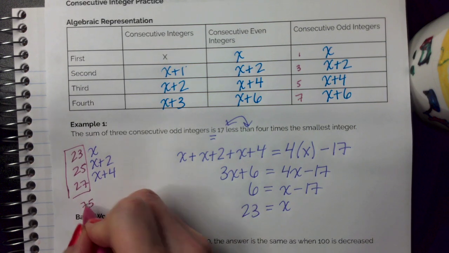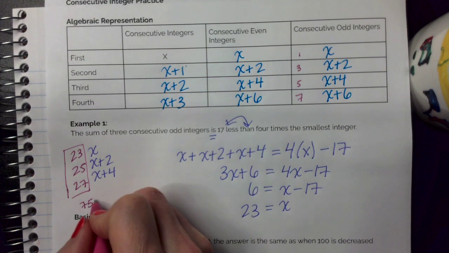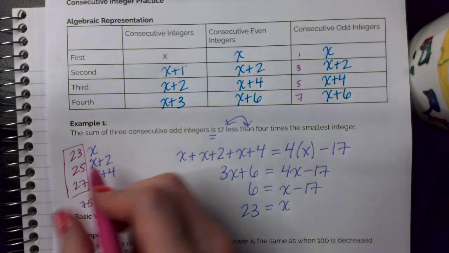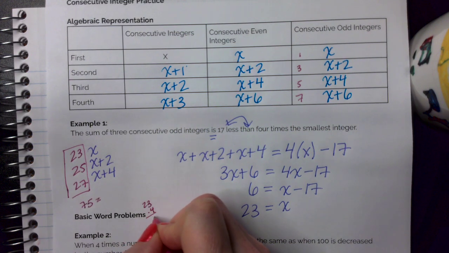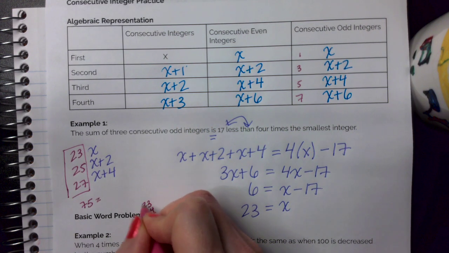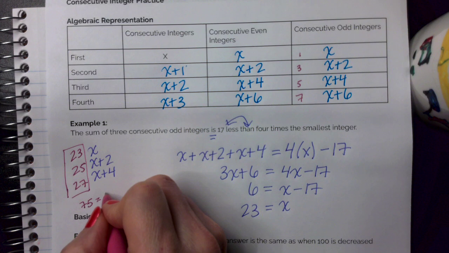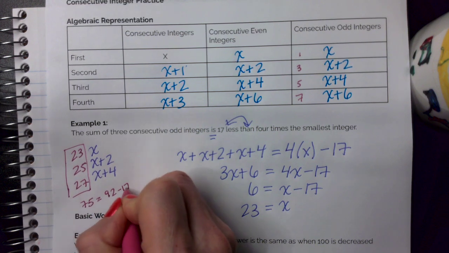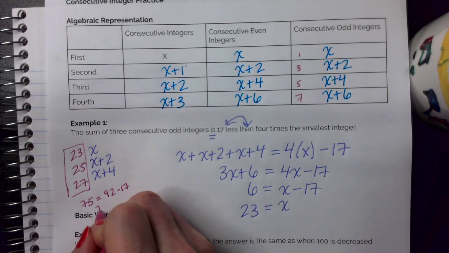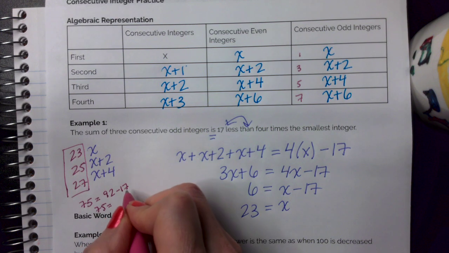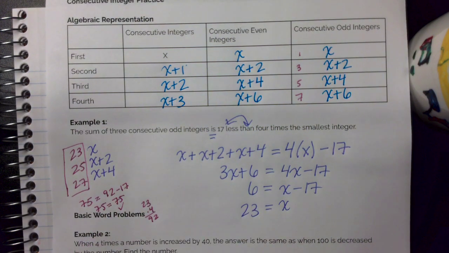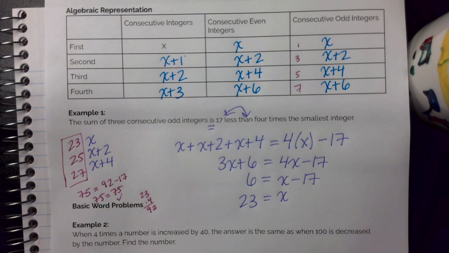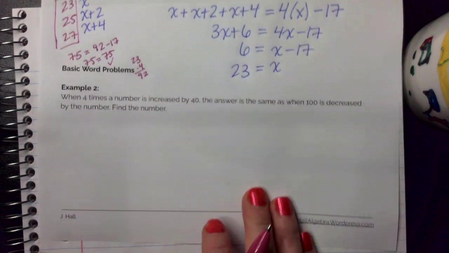This is 75. Is that the same as 4 times the smallest? So what's 23 times 4? That is 2, carry the 1, 9. That is 92 minus 17. And 75 equals 75. Good. So I've even done the check, and that wasn't asked. That was just to make sure I got it right for myself.